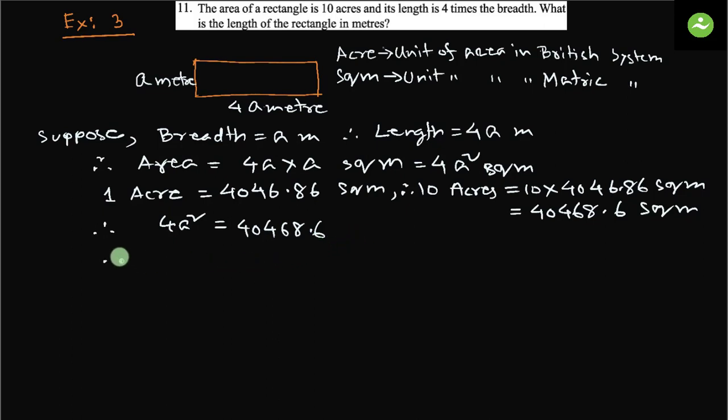From here we can find a square. Divide by 4 equals to how much? 10117.15.